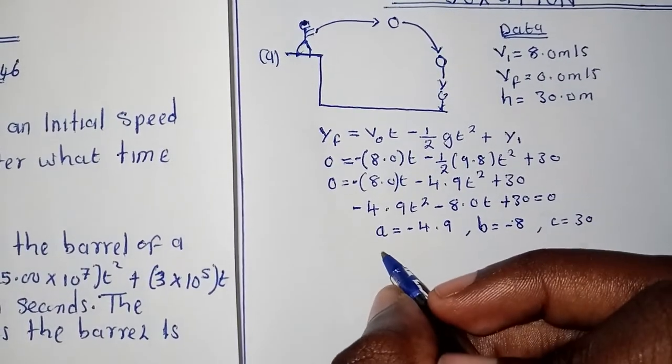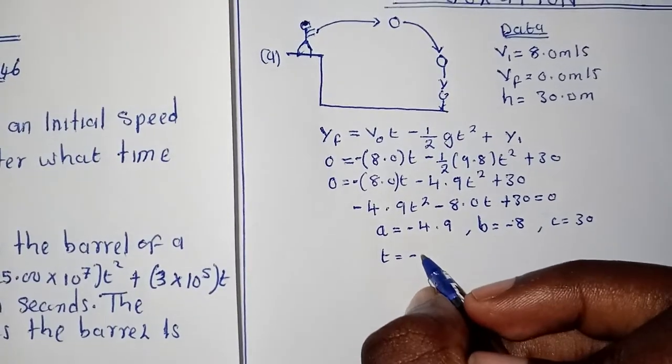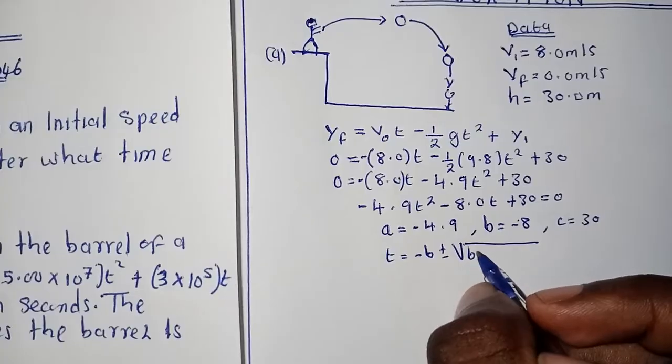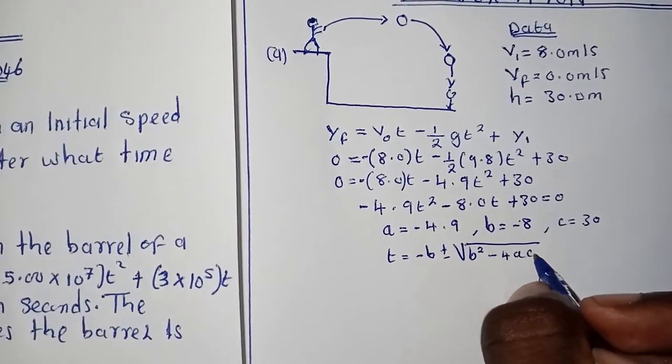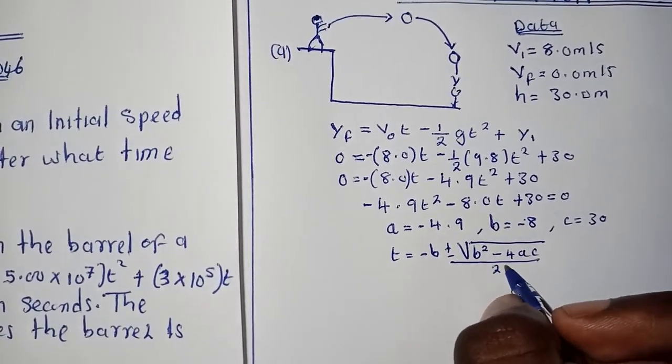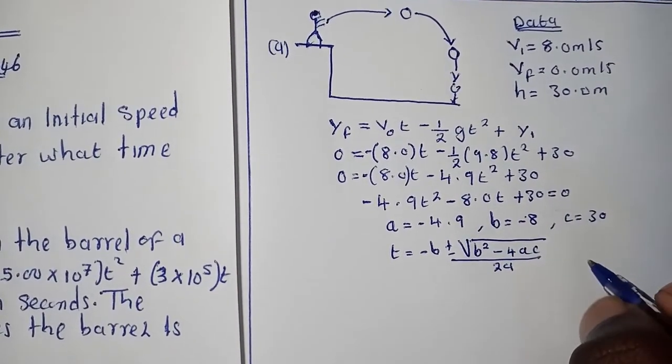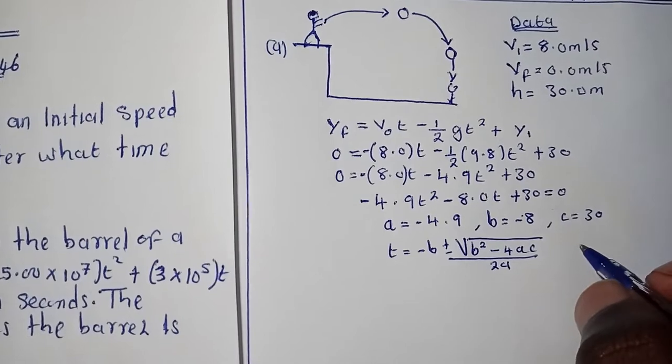So you can use this formula. We say time is equal to negative B, positive or negative, the root of B squared minus 4AC, over 2A. The time is that one which is going to give you a positive t.